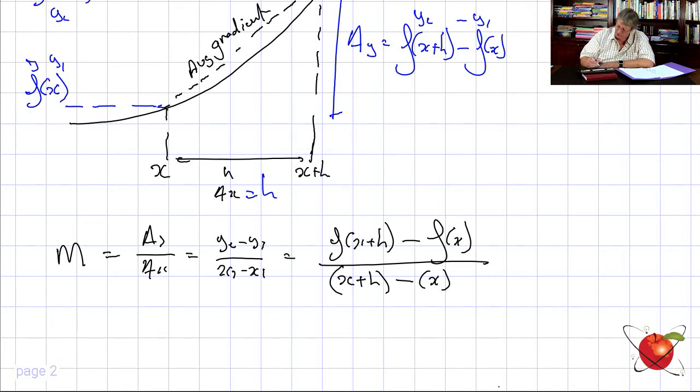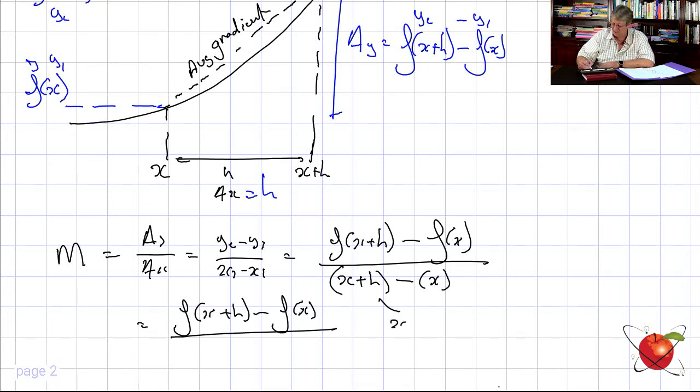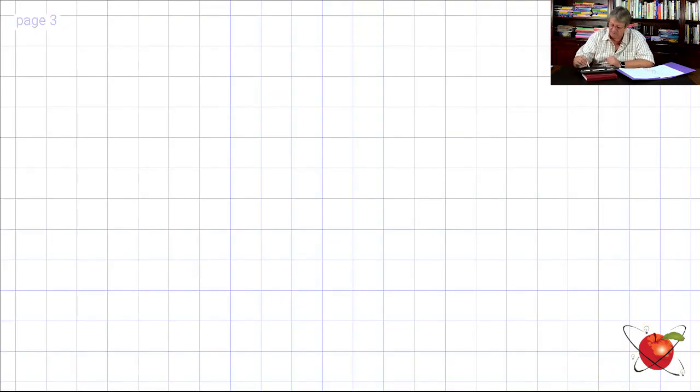Correct? Which turns out to be f of x plus h minus f of x, all over x plus h minus x, which is h, which is what we expected. All I've done there is done it a little bit rigorously.